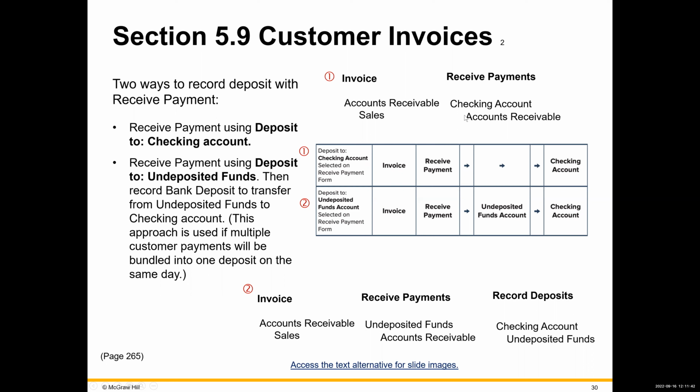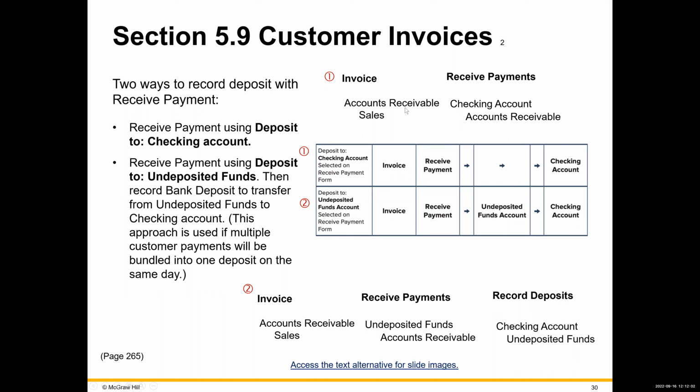Now, if you put it as deposited to the checking account, then the check automatically goes into the bank, right? And you're done. But you really haven't done that, because you haven't marched it down to the bank yet, correct?